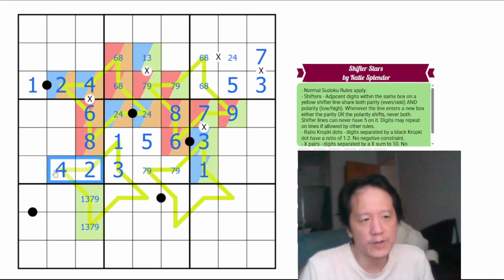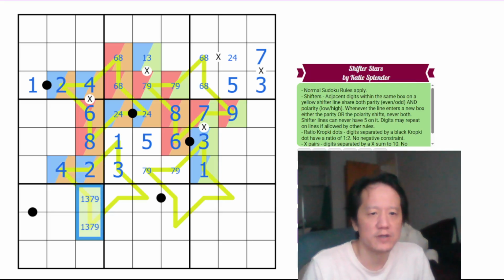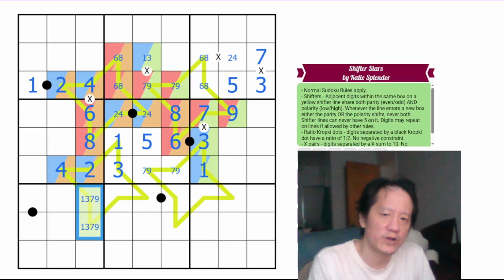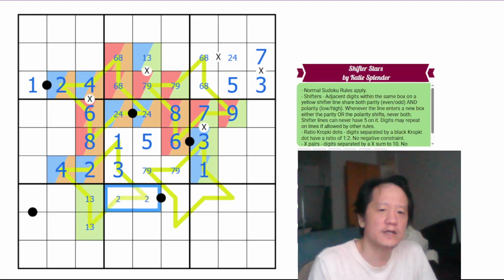This goes from low polarity and even to, it has to go to an odd, because these are all even then. Therefore, this must be to low polarity and odd. This can be either 2, 4 or 7, 9 here.